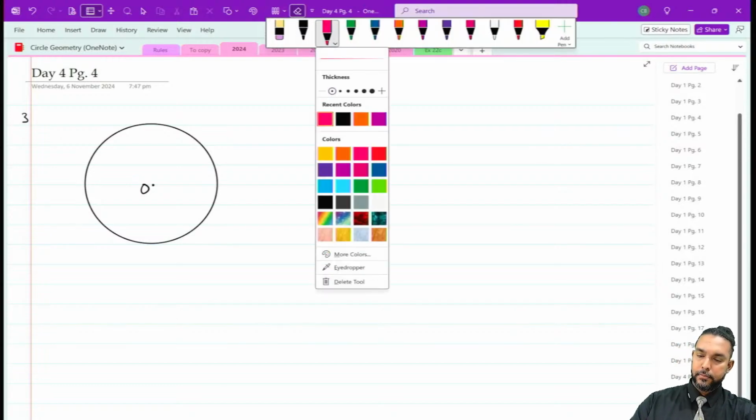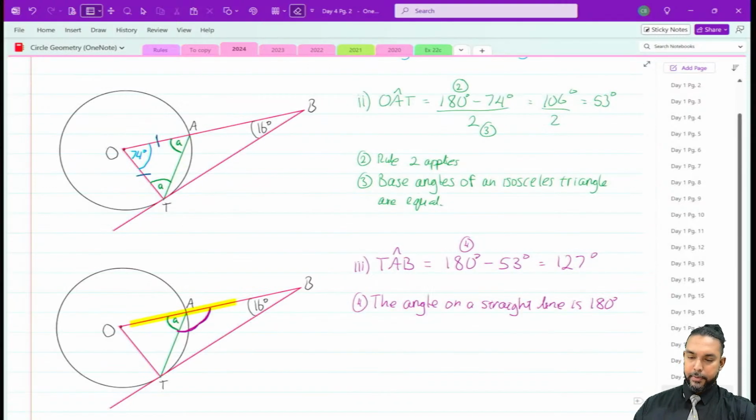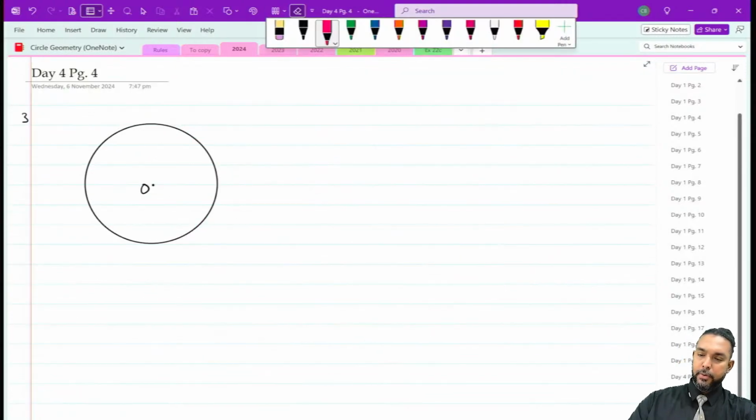All right. Is it a pink here? Is it a green here? Maybe we could do a blue on this one.